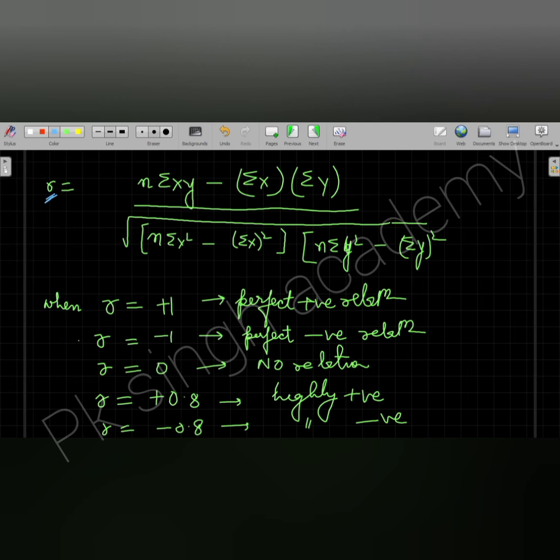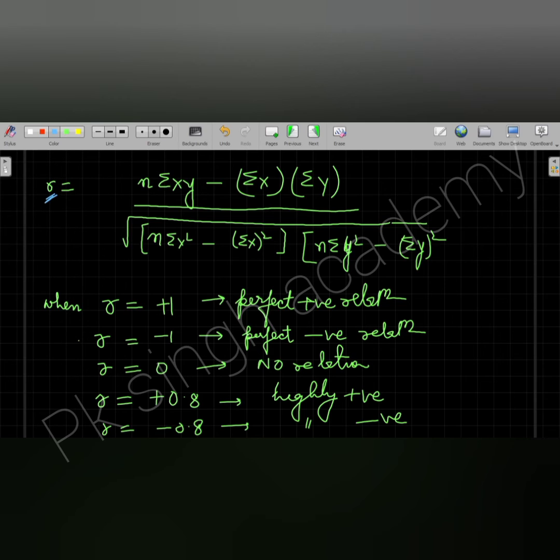Okay. Now, as I explained in the scatter diagram, highly positive correlation, highly negative correlation. Here we will see mathematically how we can say that there is perfect positive correlation, perfect negative correlation, or no relation. I have written some points here.